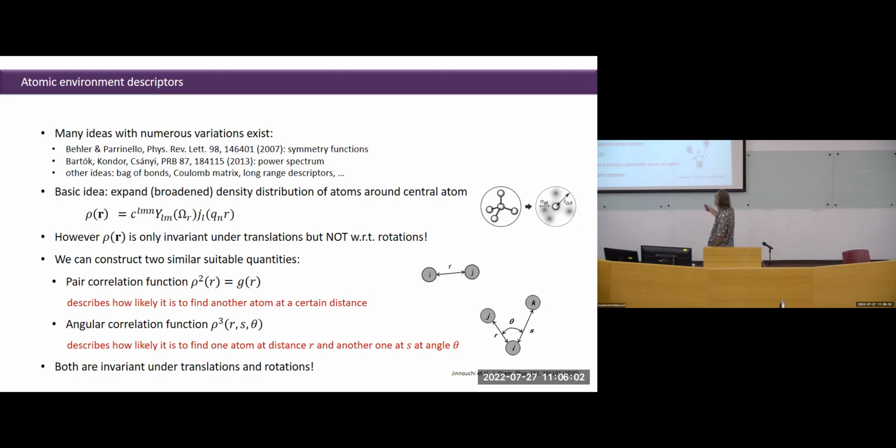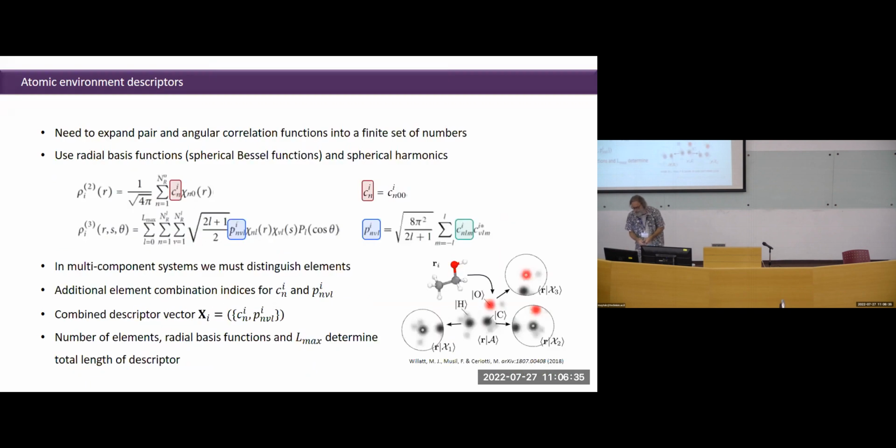That particular thing is obviously rotationally invariant. And an angular correlation function, which tells us how likely it is, if this is our central atom I, to find another atom J at a distance r, and another one, K, at a distance s with an angle of theta between them. Of course, these quantities are invariant both under translation as well as rotation.